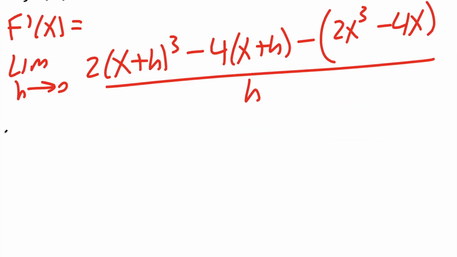so the whole thing is divided by h. The next step is we can clean this up a little bit. So the derivative of f of x is equal to the limit as h approaches 0. This is saying 2 times (x plus h) cubed, which is x plus h times x plus h times x plus h. So we can rewrite it like that.